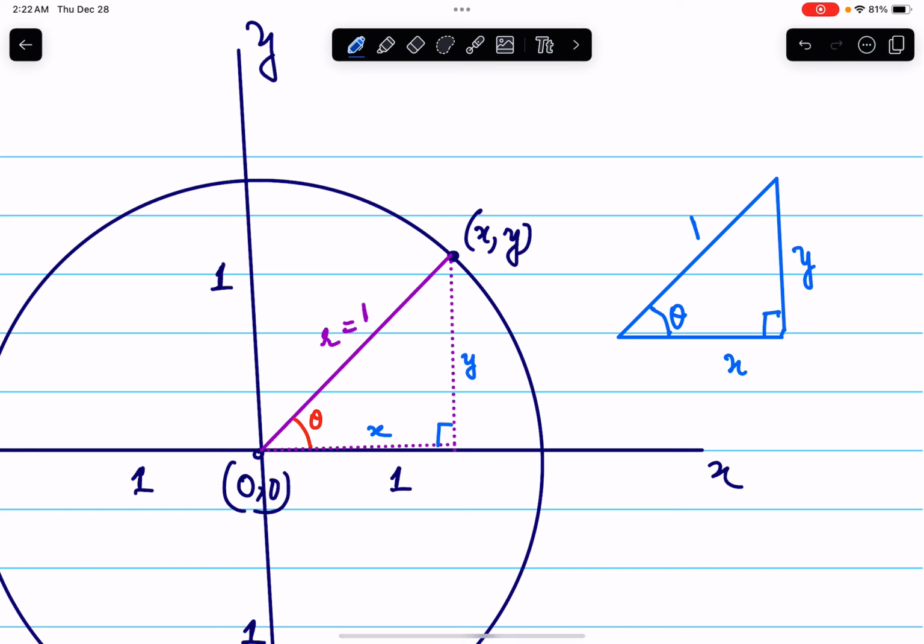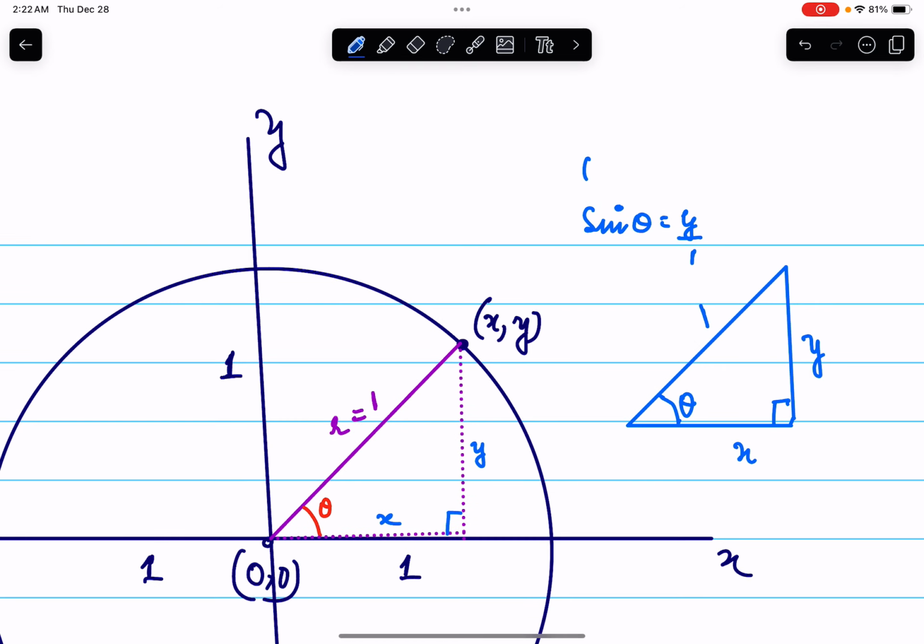Now in this case, you can simply say that sine of theta is equal to y by 1. And over here, you can say that cosine of theta is equal to x by 1. So simply SOHCAHTOA. And so you get that x corresponds to cosine of theta, and y corresponds to sine of theta.